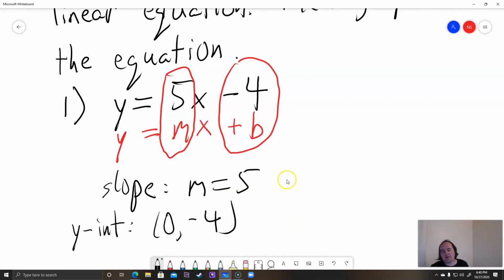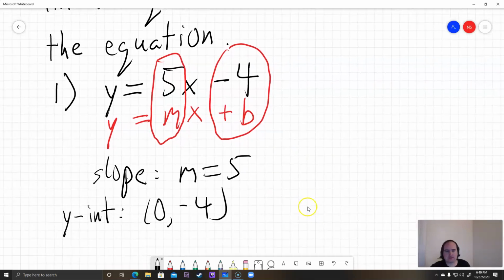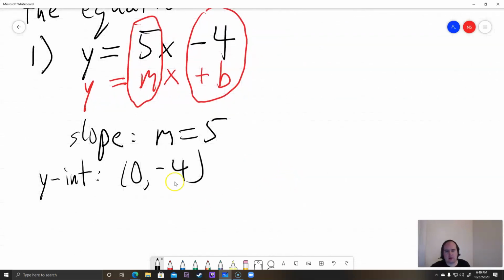Now first I'm going to graph it as if I were writing on the board. So I'm going to use this virtual board, and then we'll learn how to use the graphing tool in my math lab. So what we've got here is the slope is m equals 5, which is the same as 5 over 1. So this is the rise over the run.